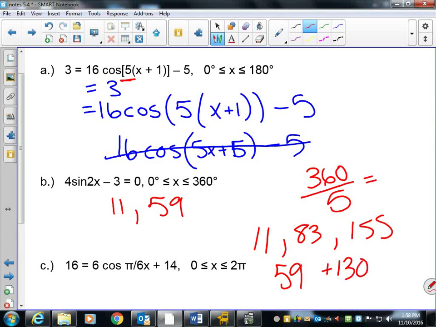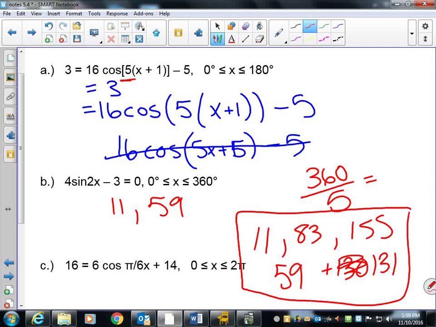If I add another 72, it's 203, it's over the 180 degrees they want for our answer. So these 5 are our answers just by using our calculators and solving.